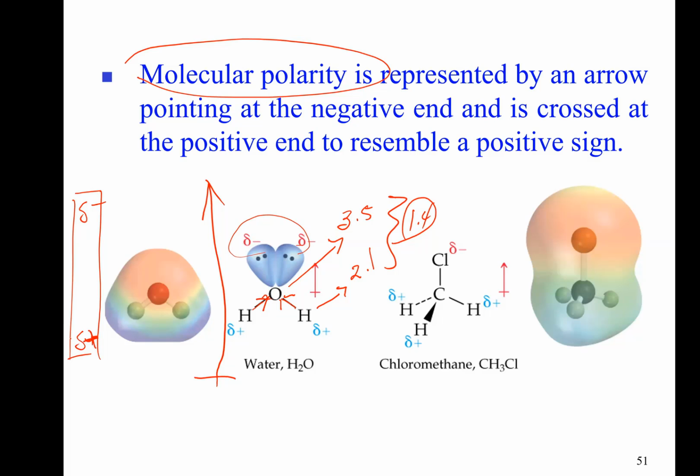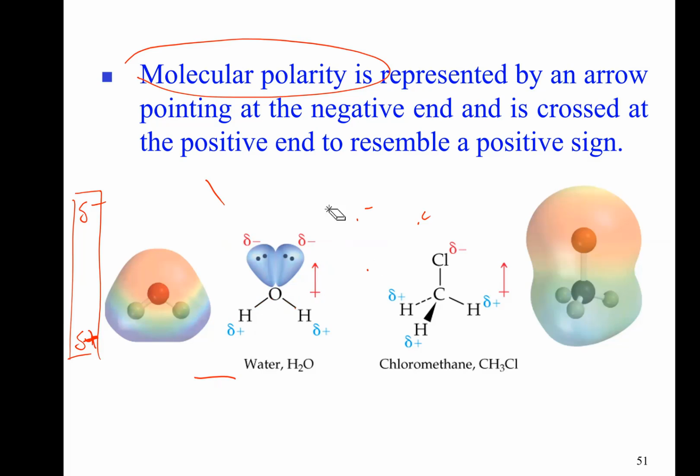So I'm going to look at this other molecule, chloromethane. Guys, is the bond between carbon and hydrogen polar or not? You say 2.1 for hydrogen and 2.5 for carbon. The difference is 0.4. It doesn't matter positive or negative.